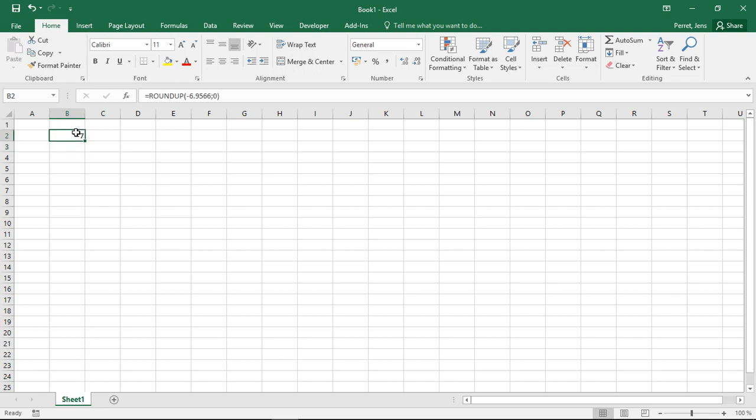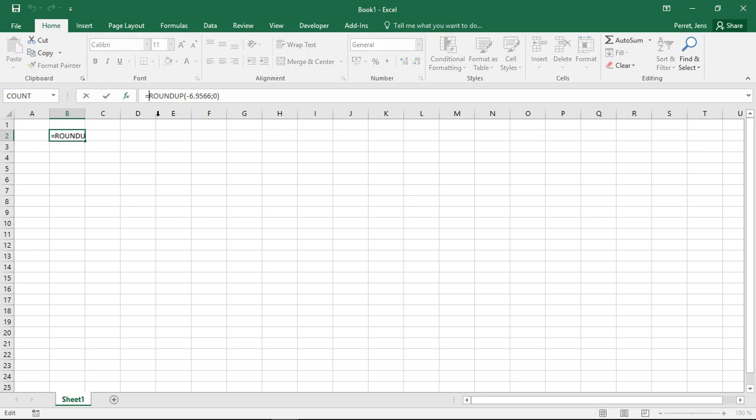So not to the next largest number, but to the next one farthest away from 0. Okay, but what if I actually want to have the next largest or the next smallest number, independent of whether this is positive or negative? Well, this is also possible.